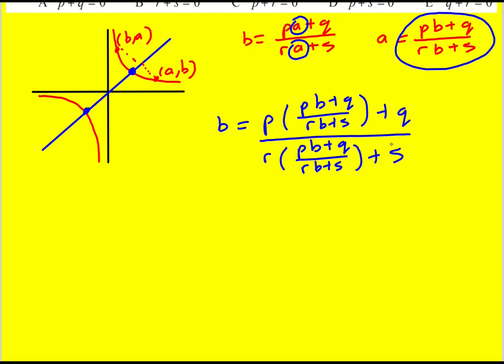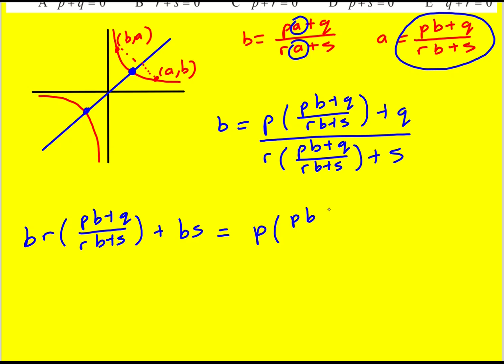So I'm now going to multiply through by the denominator, both sides. That'll give me BR times (PB plus Q) over (RB plus S), plus BS, equal to P times (PB plus Q) over (RB plus S), plus Q.